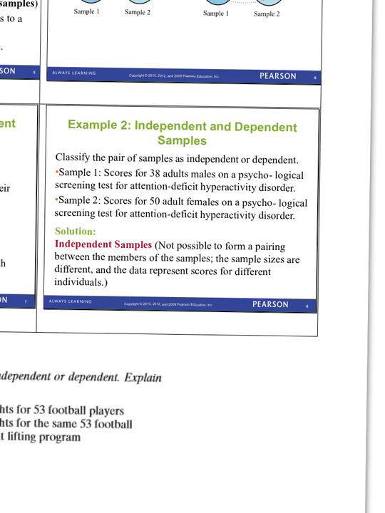Another clue here is that you'll notice that the sample sizes are different. So in that case, that's just a clue that we've got samples that couldn't possibly be paired. So they are independent samples in that situation.